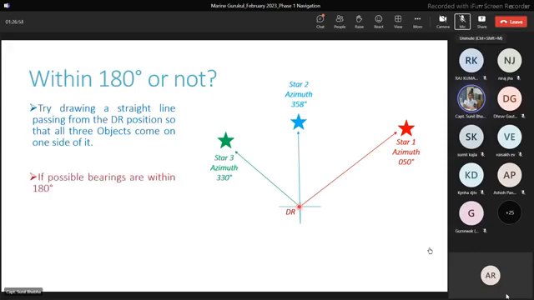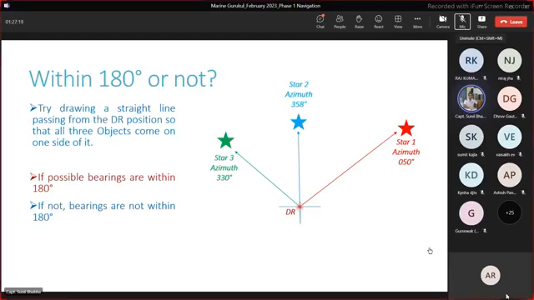If it is possible to draw that kind of a line, the bearings are said to be within 180 degrees. If it is not possible to draw such a line, the bearings are said to be not within 180 degrees, or you can also say the bearings are stretching outside 180 degrees.